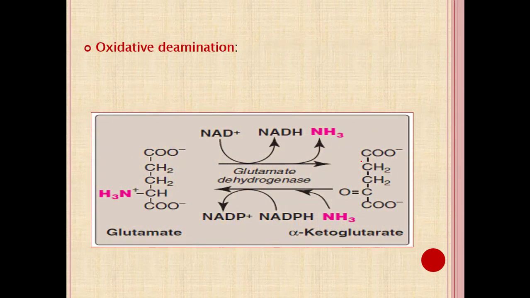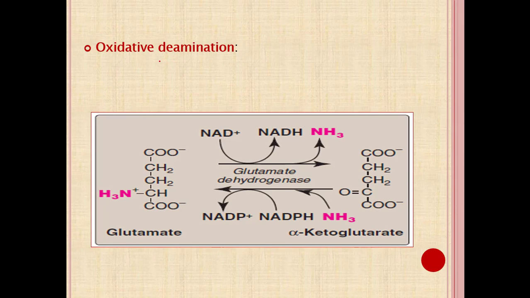The second major reaction related to the amino group is deamination. It may be oxidative or non-oxidative. Oxidative deamination means that along with the deamination, one reductive reaction occurs. In non-oxidative deamination, no reductive reaction occurs along with it.